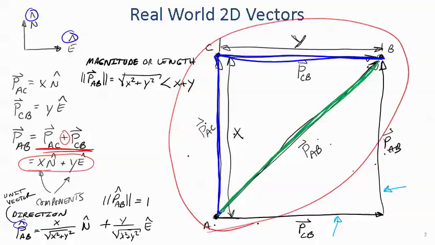So let's explore this idea of magnitude and length a little bit further. So what we said was that the length of PAB was equal to the square root of x squared plus y squared, which are the distances along the street. So let's give these some values.